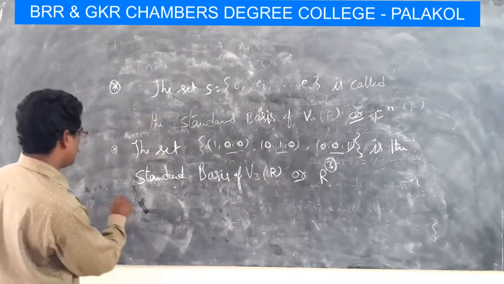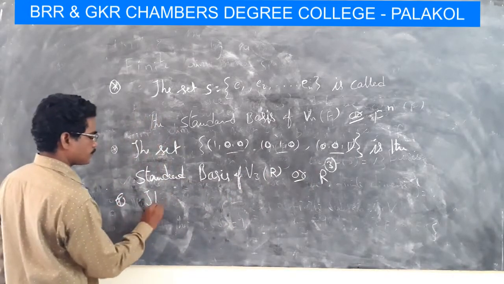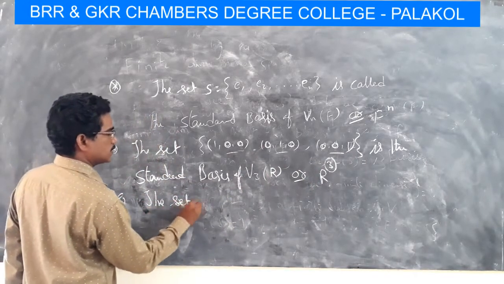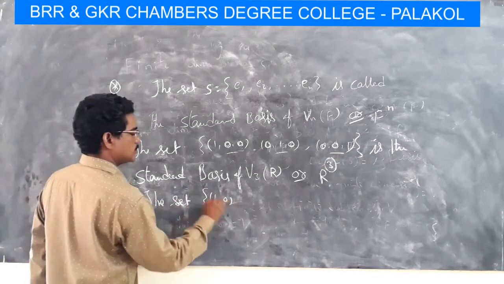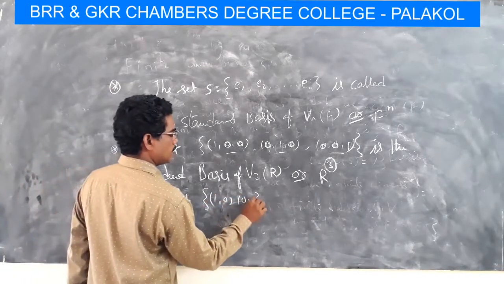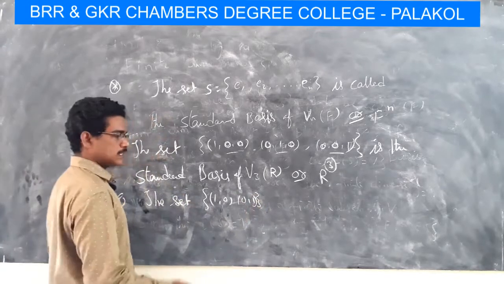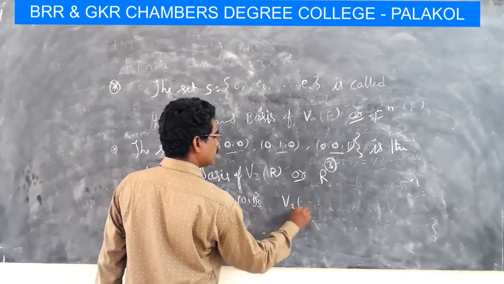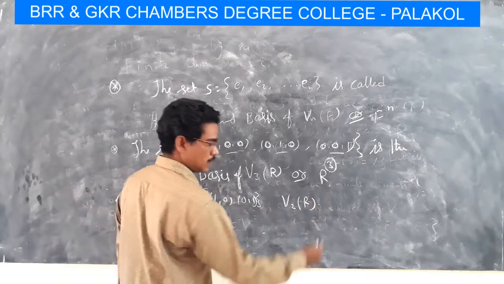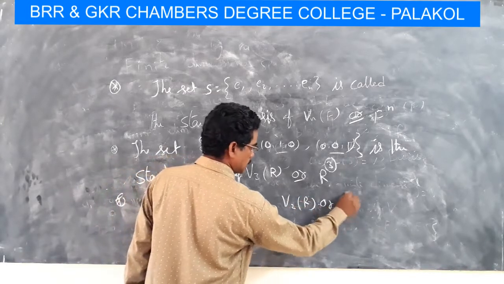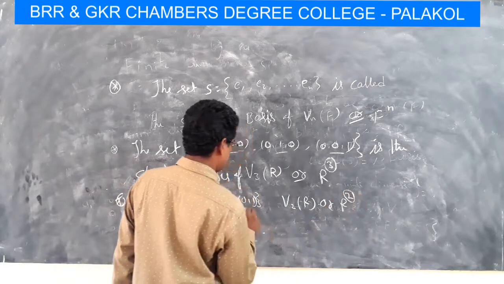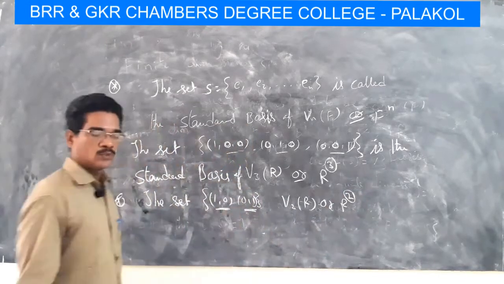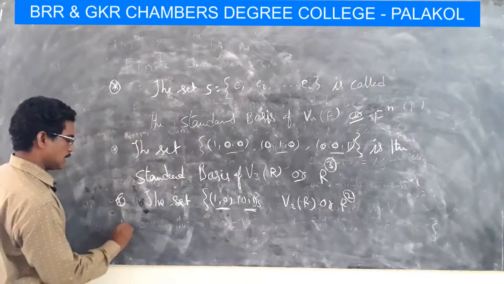Here 3 indicates 3 coordinates of the dimension. Similarly, the set of (1, 0) and (0, 1) is the standard basis of V2 of R, or R square. 2 means here 2 coordinates.